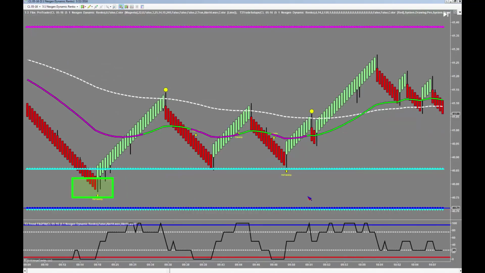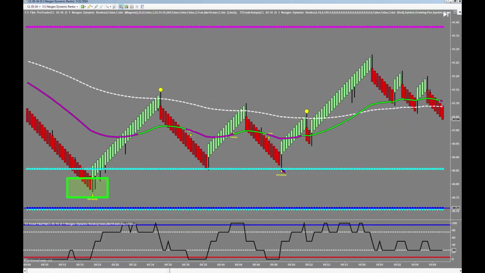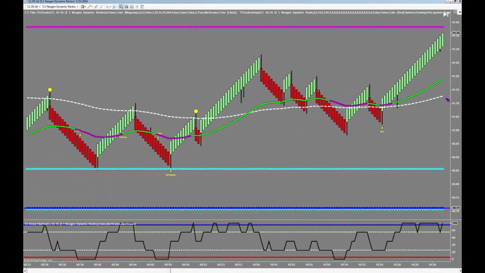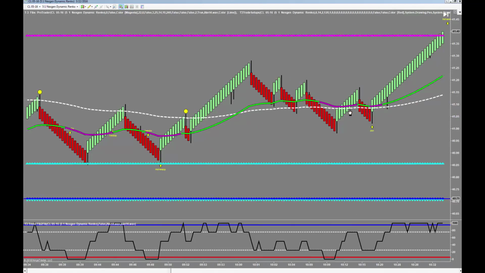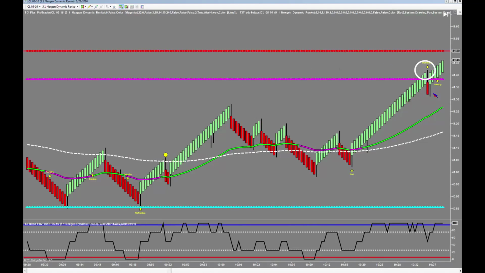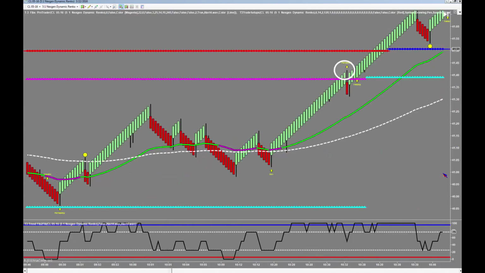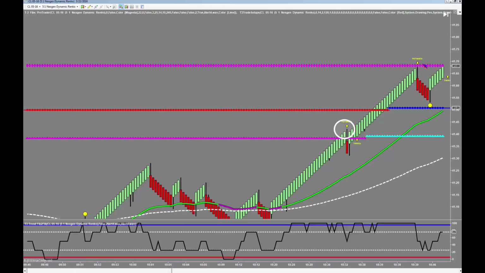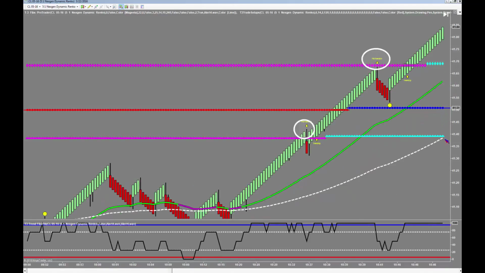Sometimes support's good on its own. It wasn't really a stop out of the area. All right, so resistance. And you can see where they're probably going to go up to. All right. Resistance again, and no dice there either.